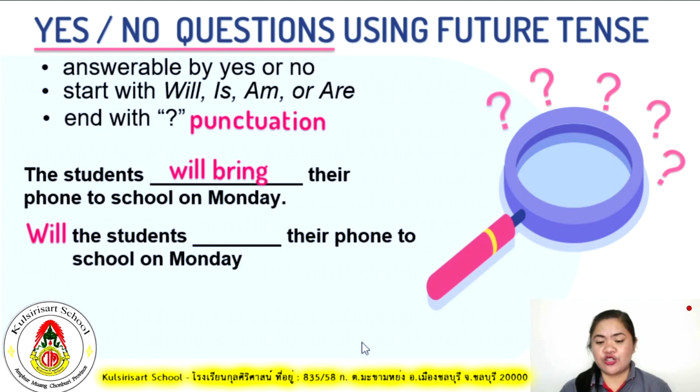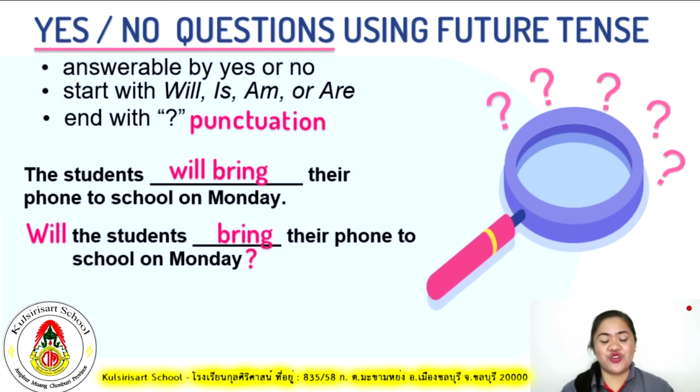It will start with will. So the word will is separated. The will is at the beginning and the bring remains beside the subject. Will the students bring their phone to school on Monday? Oops. We forgot to use, of course, what punctuation?